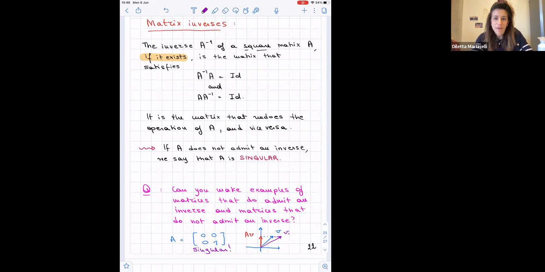Maybe people are coming up with an example. Yeah, that's a regular matrix. So that's an example of a non-singular one. Thanks. Great.